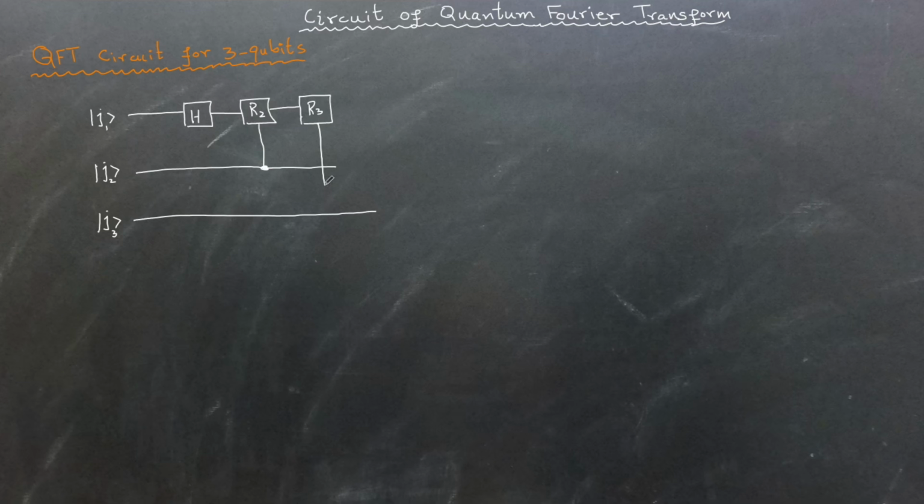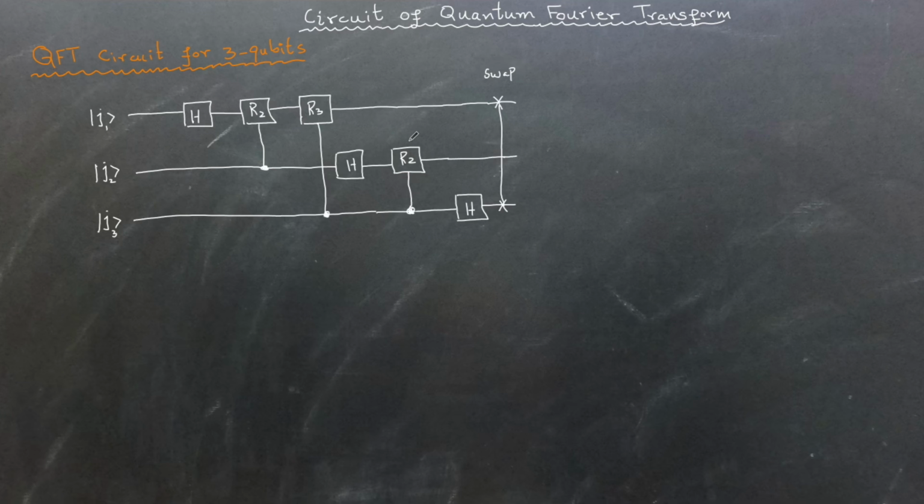On the second line corresponding to ket J2, we apply the Hadamard gate and then an R2 gate with J3 as the control bit. Finally, on the third line corresponding to ket J3, we only apply the Hadamard gate. To ensure that the qubits are in correct order in the final output, we apply a swap gate to exchange the output of the first and the last line. If the circuit had more qubits, additional swap gates would be required.